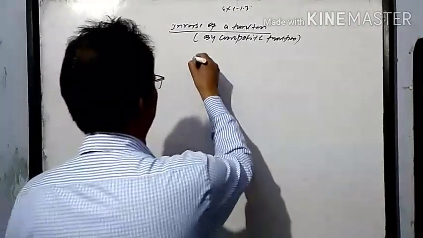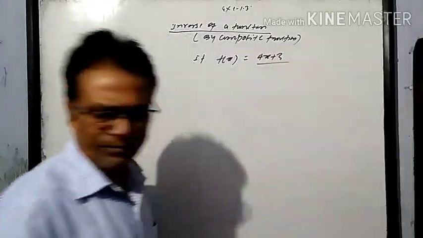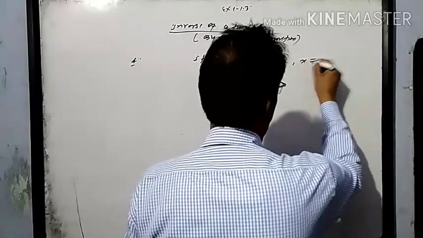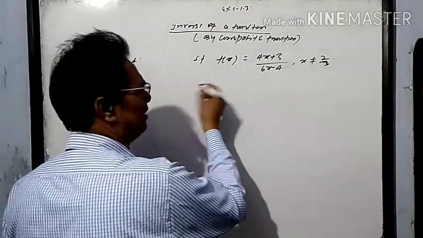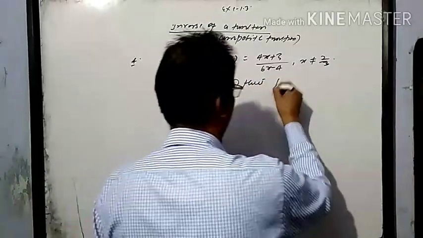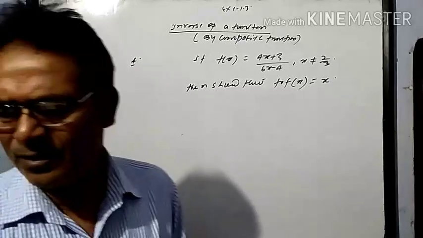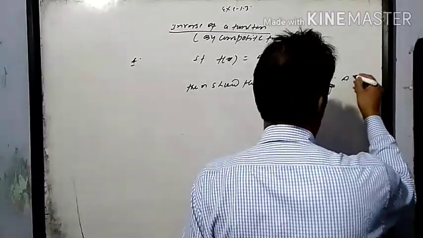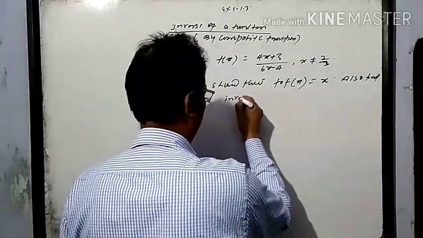If f(x) is equal to (4x plus 3) upon (6x minus 4), where x is not equal to 2 by 3, then find the value so that f composite f of x is equal to x, and also find the inverse of f.